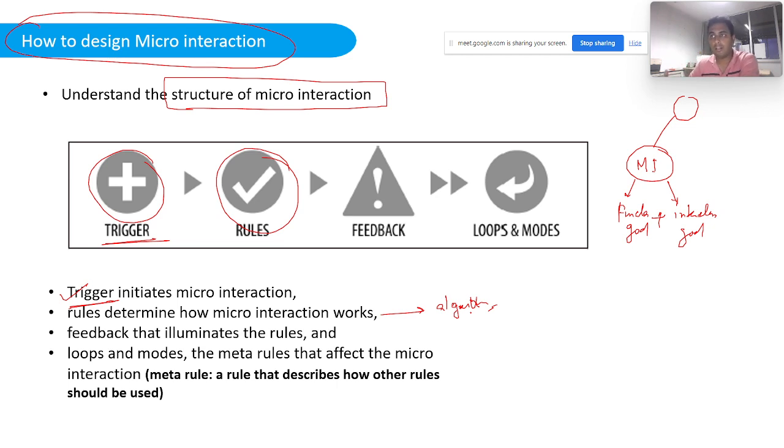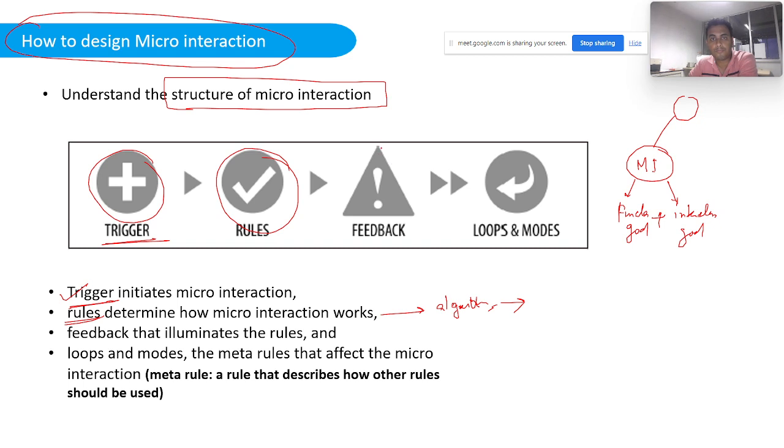Again, there are software algorithms involved in web design. Those are all rules, and rules define how the user will interact, what the outcome will be, and what the feedback will be. All sorts of things are defined by rules. So rules are the second component when we are designing micro interactions.